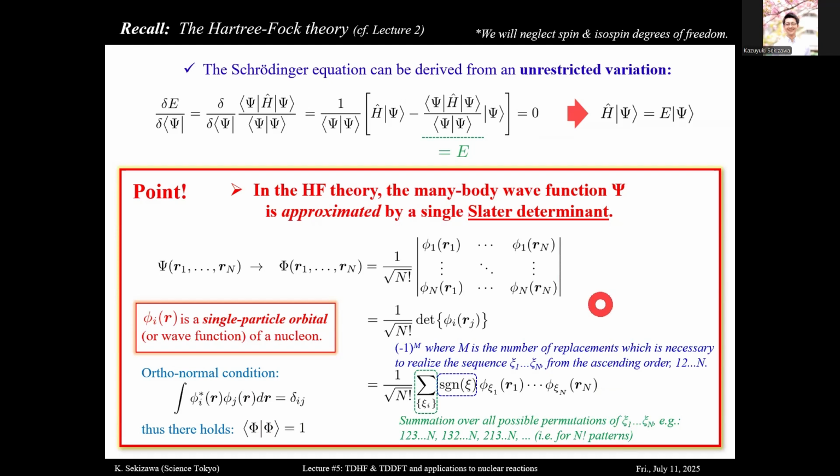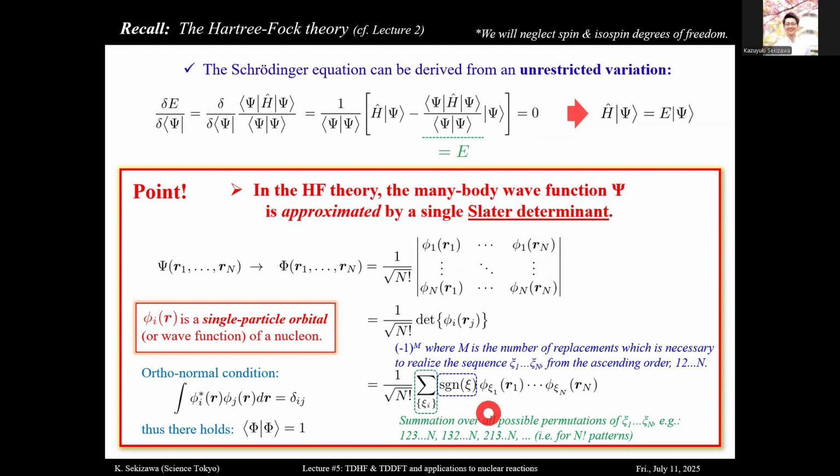Those were representations of the Slater determinants that we used in lecture 2, and I will again use a bit of these formulas. This is a Slater determinant composed of single-particle wave functions, small phi. This is a compact form of this determinant, the second line.